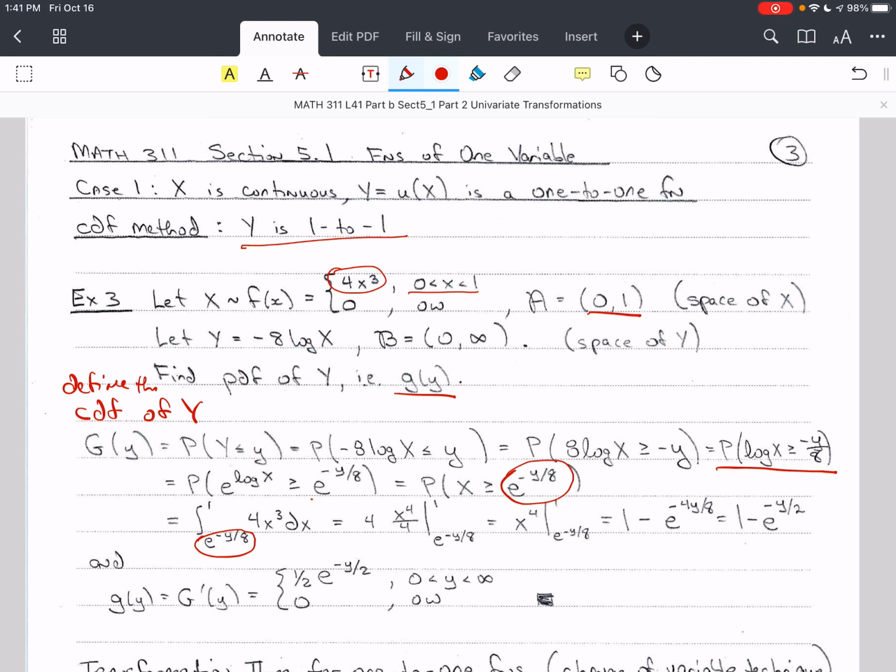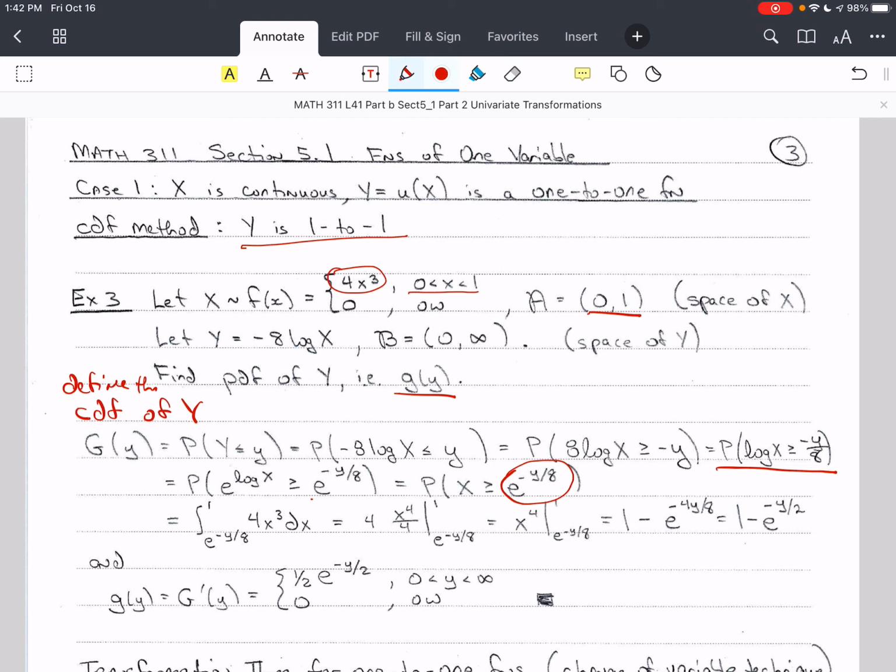So the maximum value that we can have is 1. So we integrate from this value up to 1, and f of x is 4x cubed between 0 and 1, and then dx, and please write your dx so that we know that we're integrating and that we have everything.